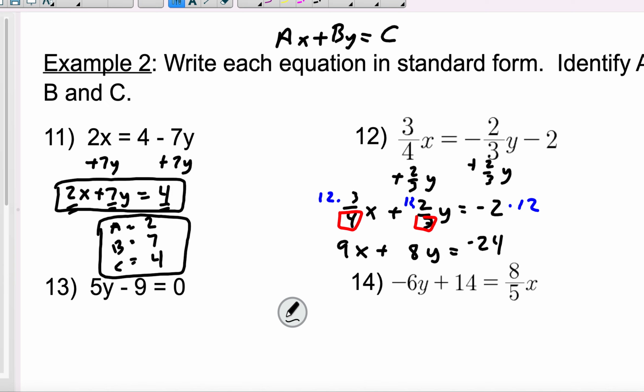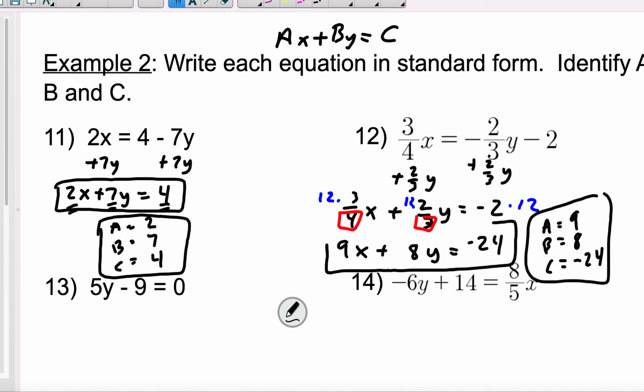A here has to be a positive whole number, and it is. Are B and C positive or negative whole numbers? Yes, this is a positive one, this is a negative one. So A here is 9, B is 8, and C is a -24. So we needed both of those. We need it in standard form, and then we got to identify the pieces.